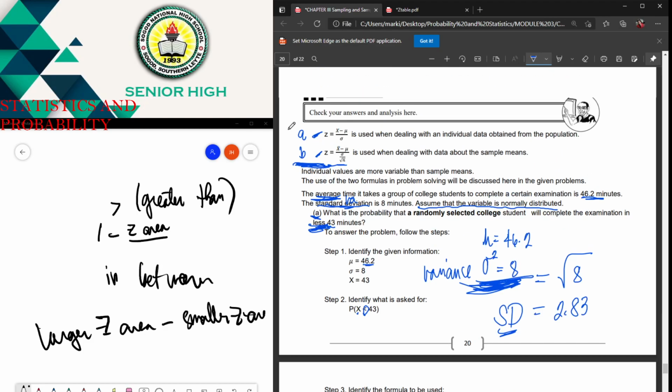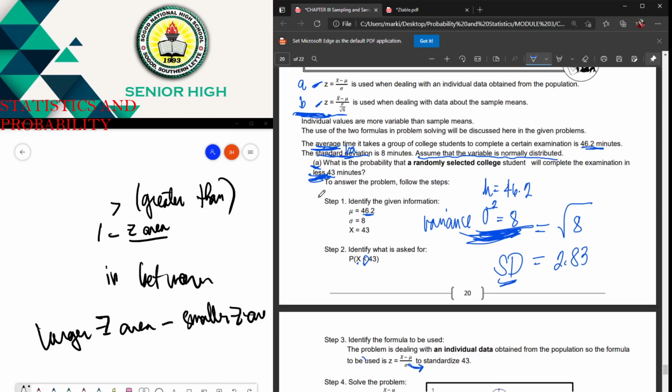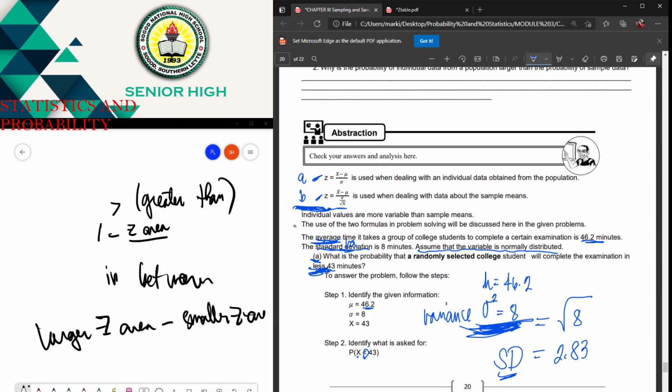The same thing applies to formula B: you need to get the standard deviation first because it is what is used. So if the variance is given, you need to get the square root of it to have the value of your standard deviation.